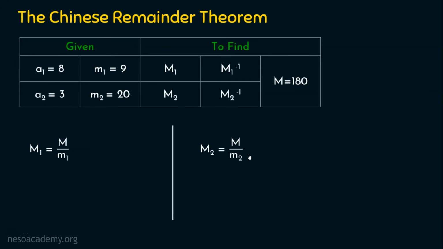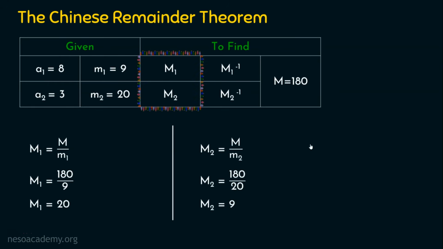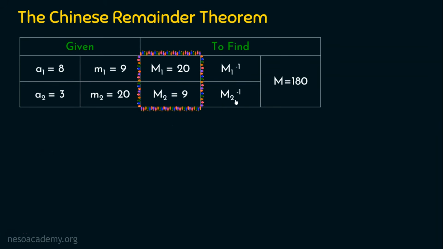If you are directly watching this lecture, I request you to watch my previous lecture, solved example 1, so that you will get a better insight into the Chinese remainder theorem and how to solve this. So when we substitute the values, we get capital M1 is equal to 20 and capital M2 is equal to 9. I am just placing this in the table. Now the only thing that is required is to find the inverses, that is M1 inverse and M2 inverse.